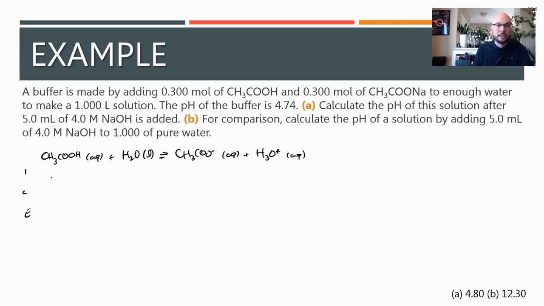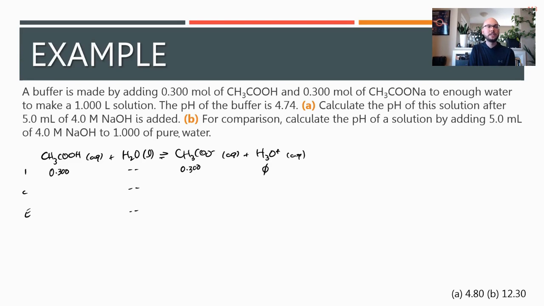Initially, we've got 0.3 moles of this in 1 liter, so that's going to give us 0.300. Water we don't have a concentration of, and we also have a concentration of this acetate ion, which works out to being the same number, so 0.300. Okay, and originally we've got no H3O plus.